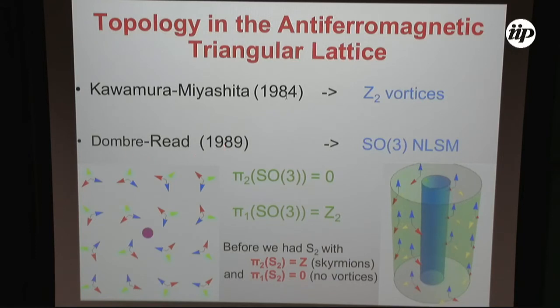Later on, Azaria, Delamotte and Mouhanna in 1989 studied the low energy effective action for this antiferromagnet, and they described it as one would have expected, but they constructed explicitly the SO3-based nonlinear sigma model. So instead of the nonlinear sigma model with the vector n, now you have a nonlinear sigma model with a field which is an SO3 matrix.